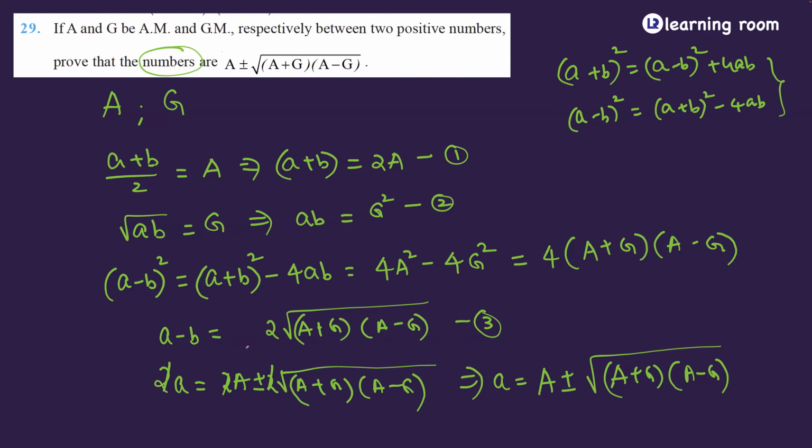When you take it in that way, small a would have come out as A plus this thing. Now, if you subtract both the equations, you will get A minus this thing. So when you combine and write it, you can write it as A plus or minus root of (A plus G) into (A minus G). Am I clear with it?